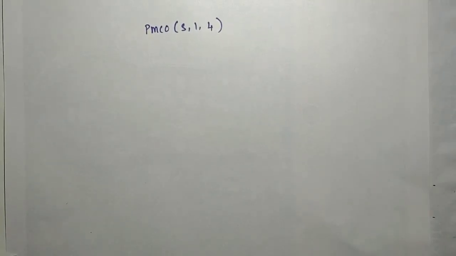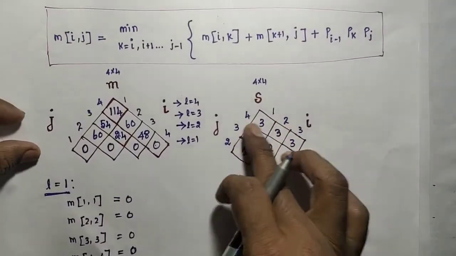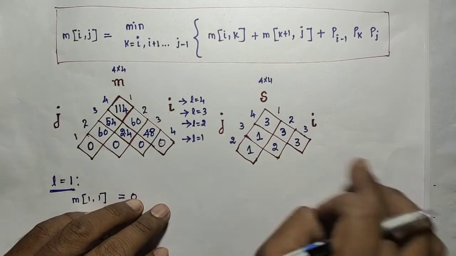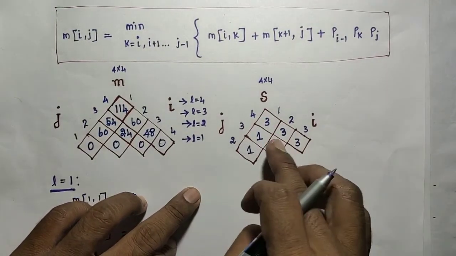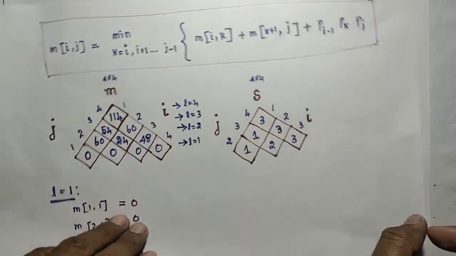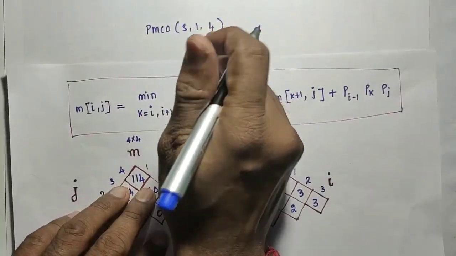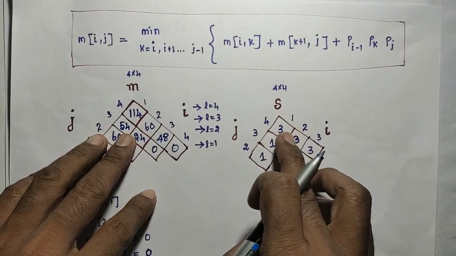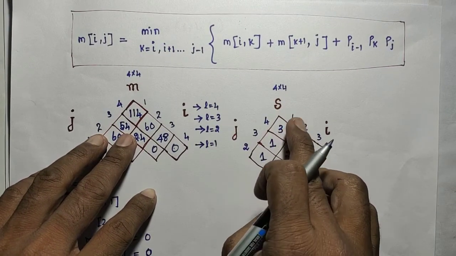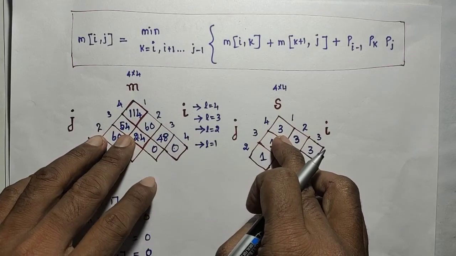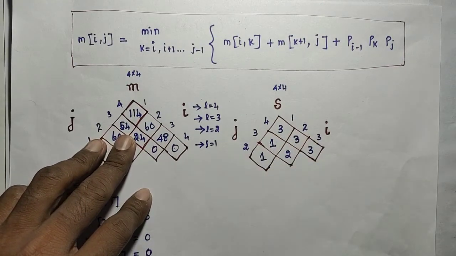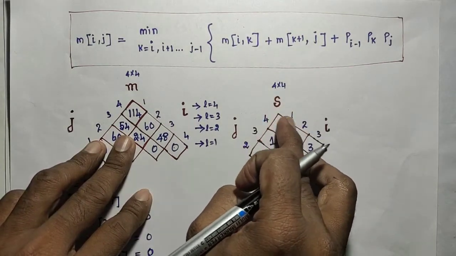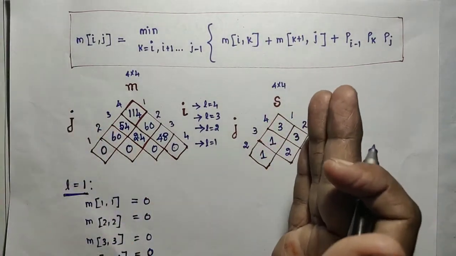Here the s table contains the split position. There are two expressions, for example for i comma j. s of 1 comma 4 tells where the initial split has to occur. The value of s of 1 comma 4 is 3, so the initial split occurs exactly at 3.